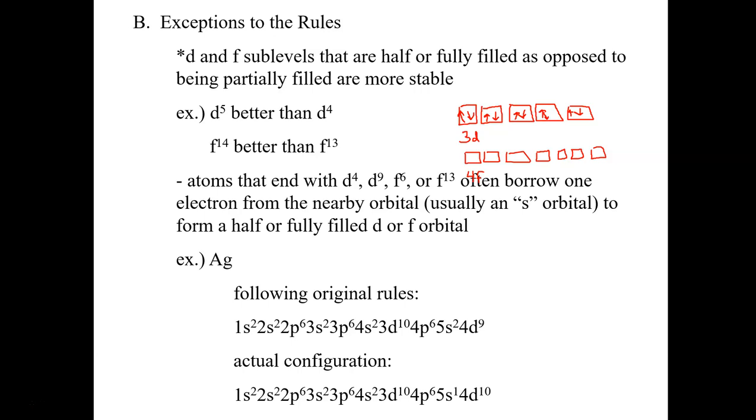It's only d's and f's, and it's only when you're 1 electron away. If this were a d8, I would not have borrowed 2 electrons to make it a d10. It's only when it's 1 electron away from being a half or fully filled d or f. That's it. It's the only time this happens.